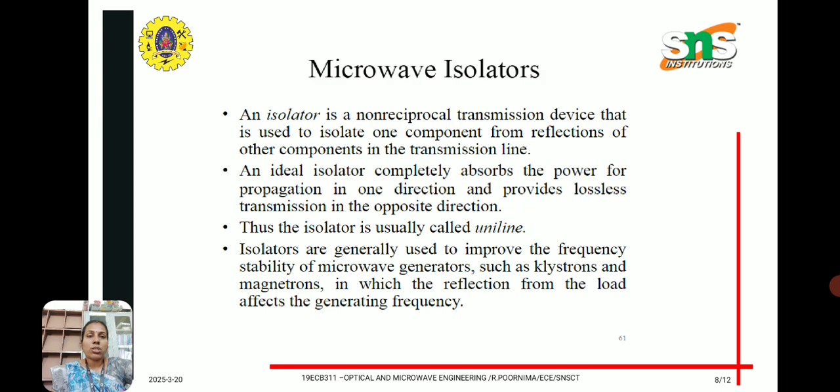An ideal isolator completely absorbs the power from propagation in one direction and provides lossless transmission in the opposite direction. So this isolator is called a uniline. Isolators are generally used to improve the frequency stability of microwave generators such as klystrons and magnetrons, in which reflection from the load affects the generating frequency.